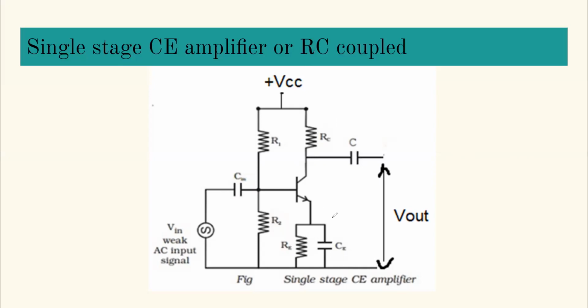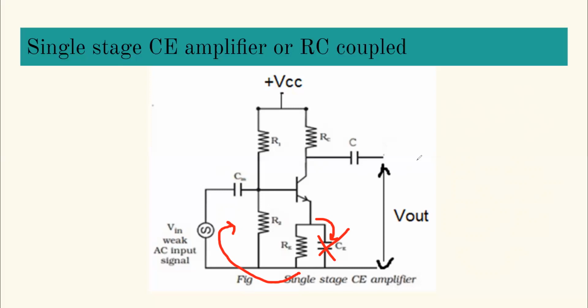Okay, so as I told you, it passes AC, no? तो AC को ये यहाँ से ले लेता है और ground को दे देता है. Okay, क्यों ऐसे करता है? अगर CE नहीं होता, अगर ये हम नहीं connect करते यहाँ पे, so what will happen? The AC will cause a voltage drop across this. Okay, and this will go back. It will give a negative feedback over here. So then gain का बहुत problem होगा. It will give a feedback to this input, which causes a decrease in gain.